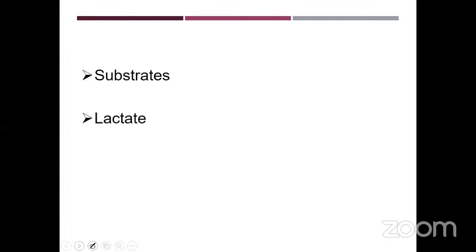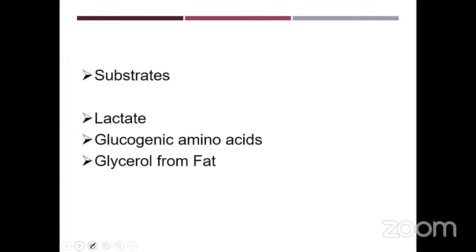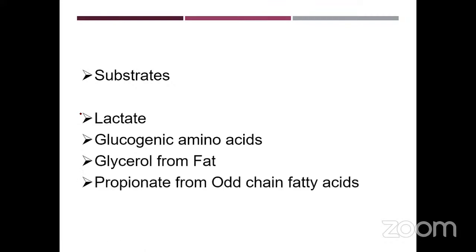I told you about the substrates, which are the non-carbohydrate precursors from which glucose is formed. These are the 4 non-carbohydrate precursors. First is the lactate or the lactic acid. Lactic acid is not a carbohydrate source. Likewise, glucogenic amino acids, mainly alanine, which is present in the muscle.